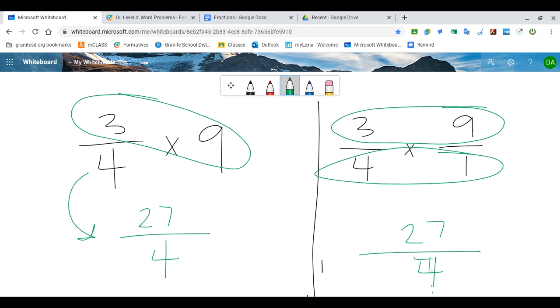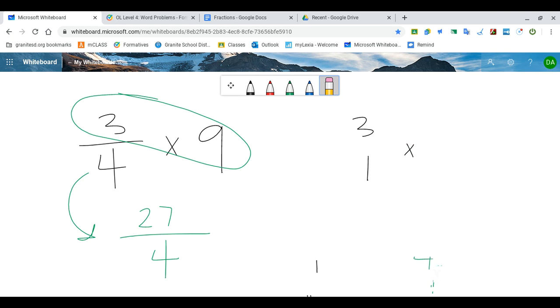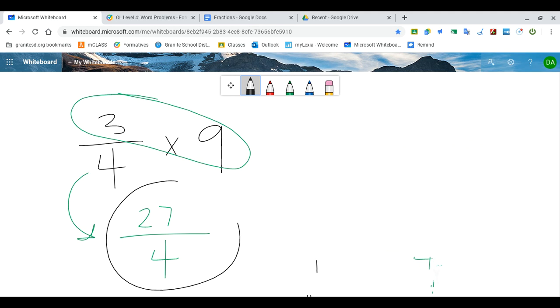I need to go one step further. So I'm going to erase one side just so I have some extra room to work, and we're going to use my answer down here, which was 27/4, and we're going to change it into a mixed number.